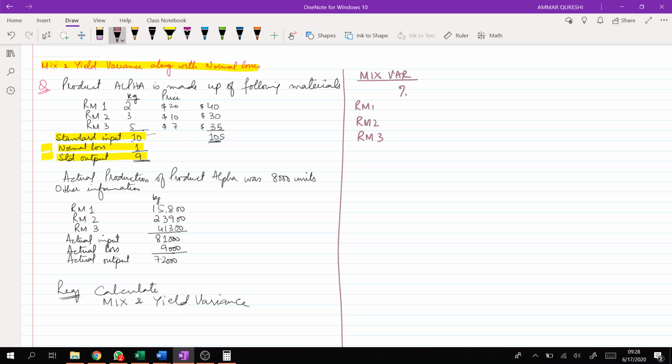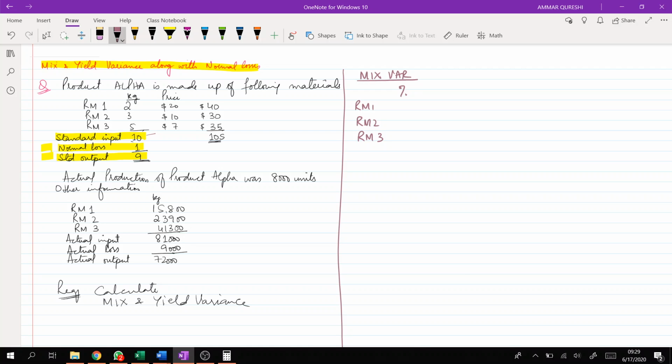Remember my words. Mix variance percentage is always calculated by using the input quantity, right? We are trying to calculate how many kilograms of raw material 1 should be in the mixture of input. We are not calculating the mixture of output, we are actually calculating the mixture of input. So we have to calculate the raw material standard percentage with respect to the input quantity.